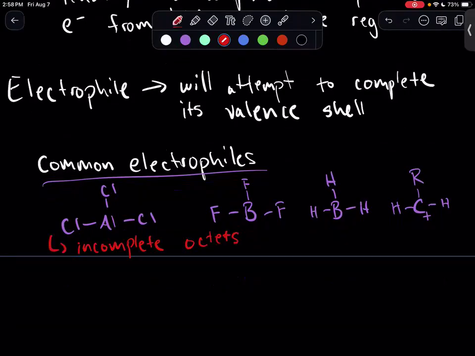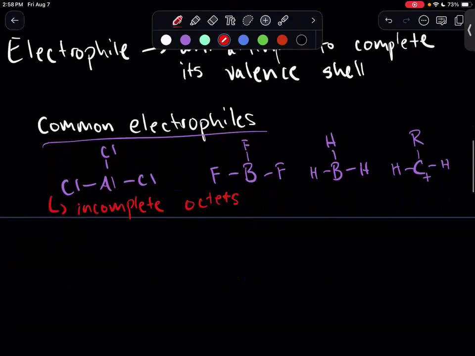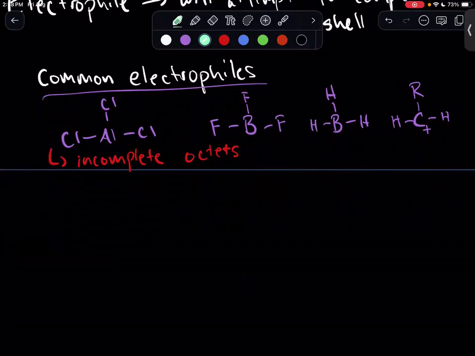Now, some other common electrophiles would be things that rely on their partial charges, that partial positive region. So for example, a ketone is a great example. We have that double bond oxygen, which creates that partial charge on the carbon and oxygen. So ketones are really nice electrophiles, or specifically that carbon.